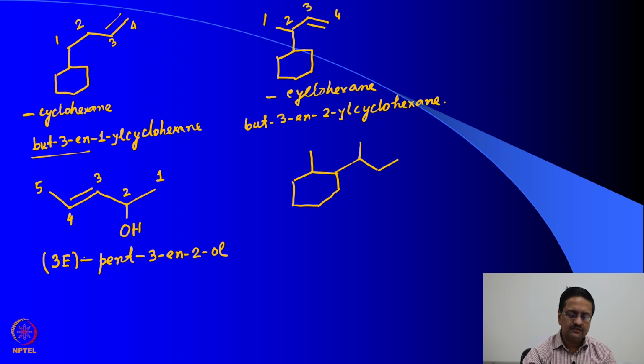The carbon containing the larger group gets number 1 and the second group gets number 2. So, what we have is a 2-methyl, and a butyl group, where you should number that chain as 1, 2, 3, 4, and the connectivity is through carbon number 2. So, it should be written as butan-2-yl.